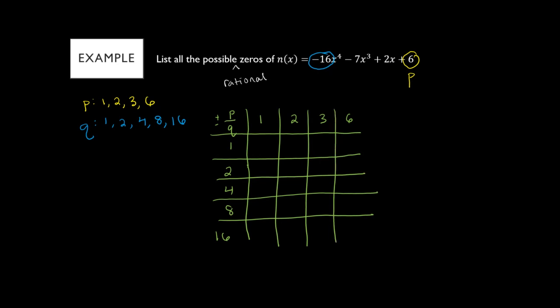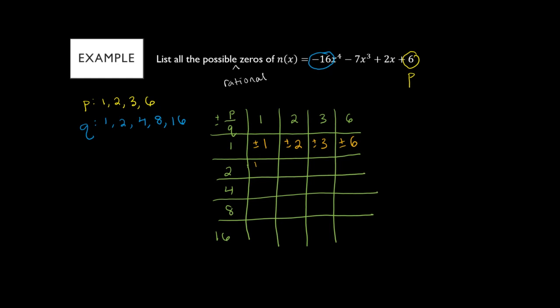So I'm just making sure I've got my chart. P is going across, Q is going down. And then sometimes what I'll do, instead of actually writing the fractions and then reducing, I'll kind of do it in my head. So 1 over 1 is 1. 2 over 1 is 2. 3 over 1 is 3. 6 over 1 is 6. So those are all pretty easy.